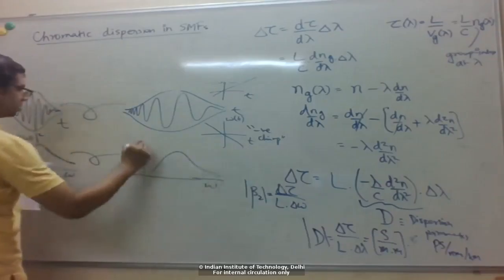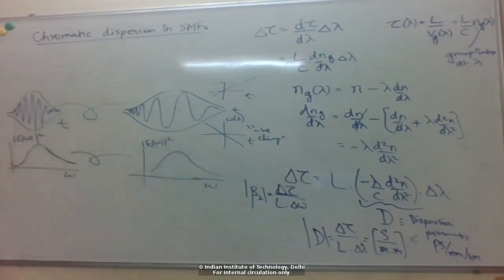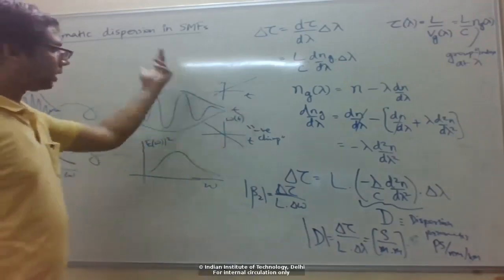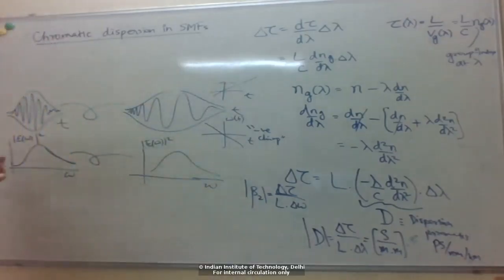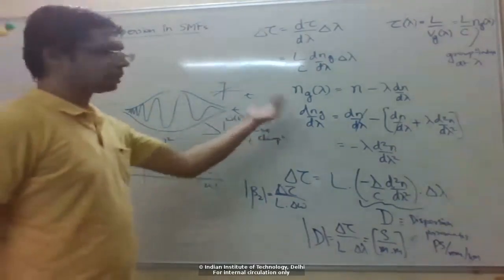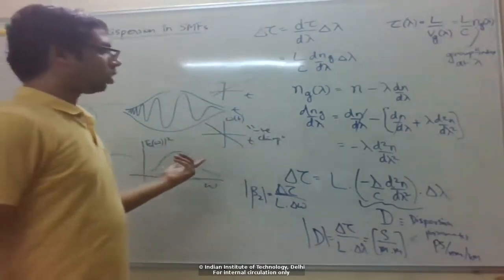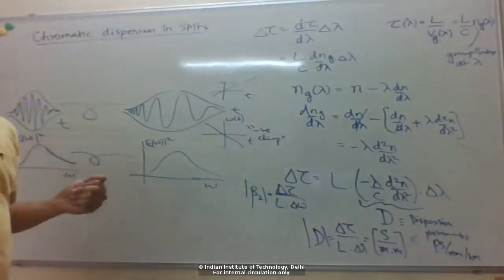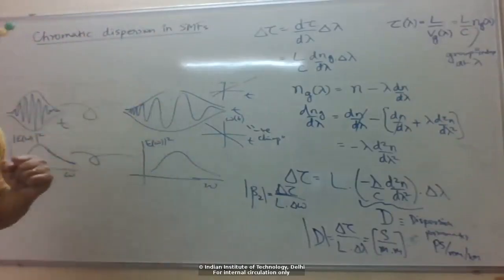There will be no change in that. Right? Because all this is a linear effect. We are not talking about any losses here, like frequency dependent loss, or any nonlinear process which can mix different frequencies. Okay, so this is just a linear phenomenon. The total power in the pulse remains the same.